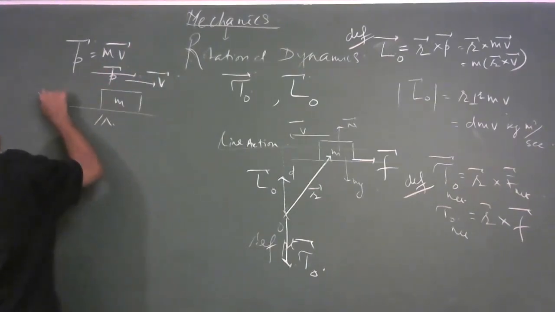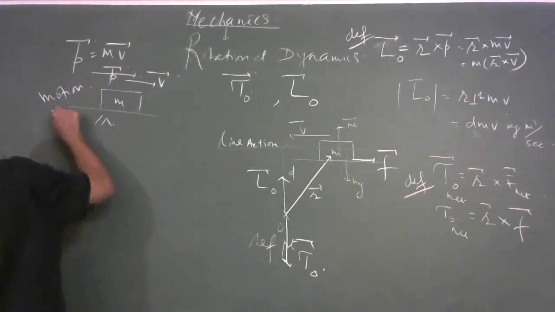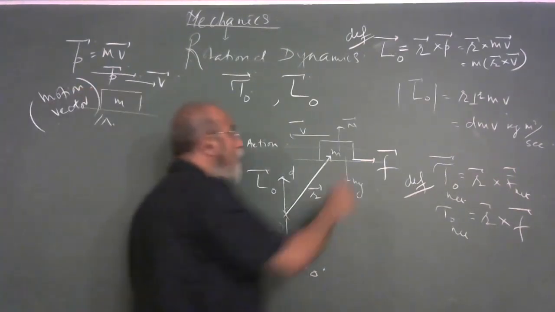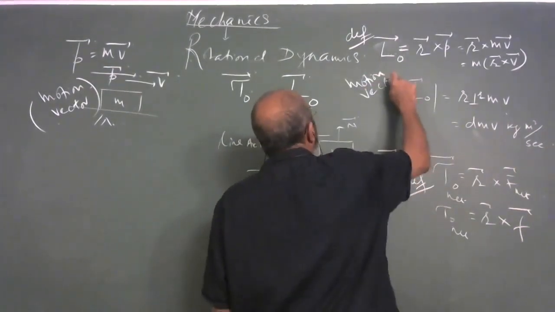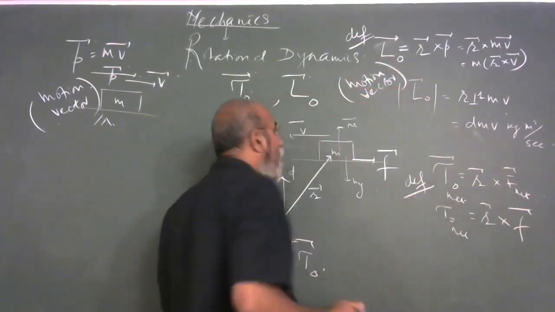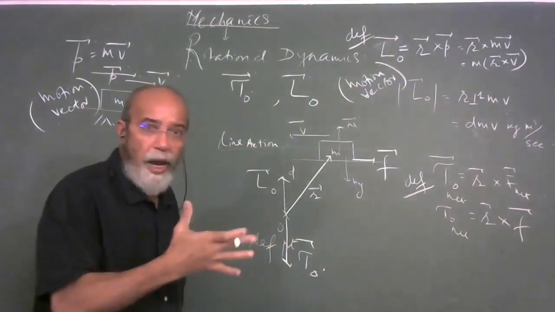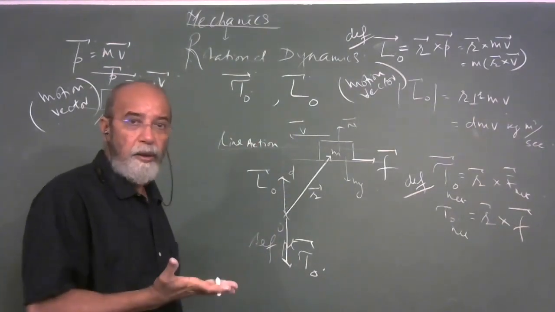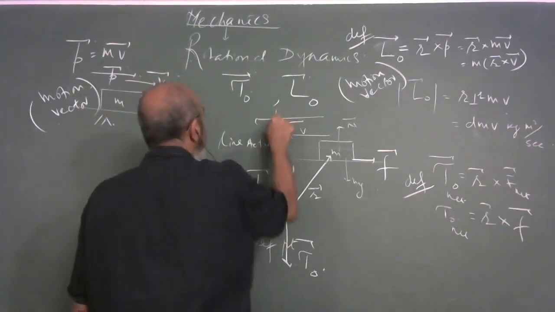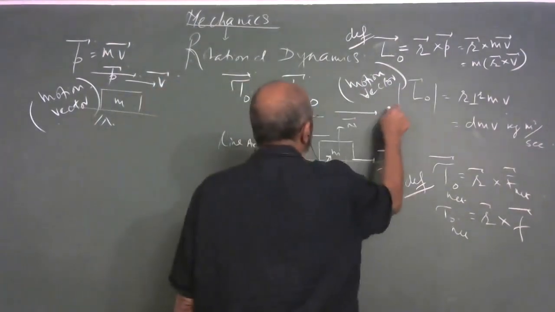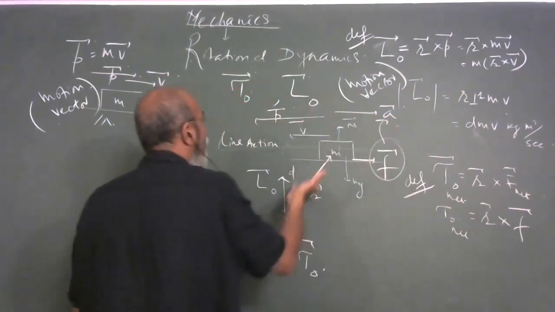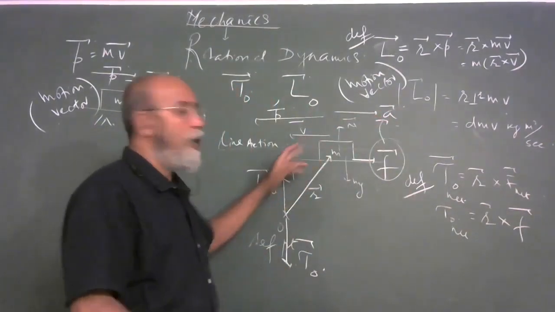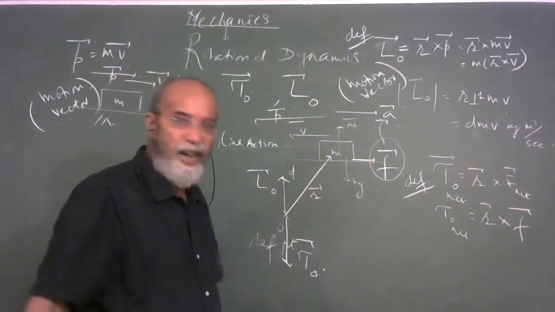Motion vector. If the motion has to slow down, then we know that the momentum is in this direction and the acceleration is in this direction, and hence it will slow down. Acceleration, velocity, opposite direction, slow down, brakes.